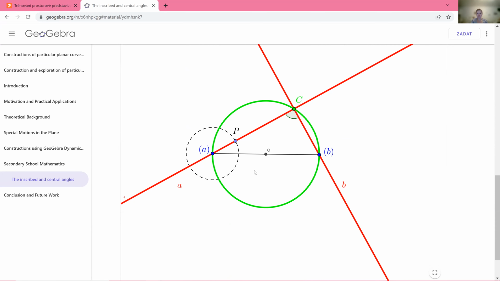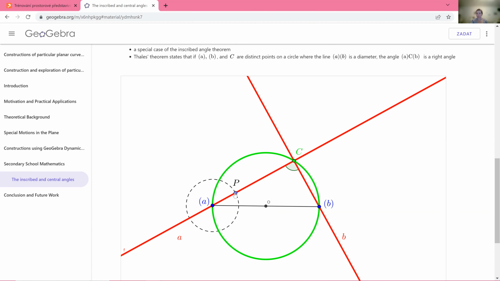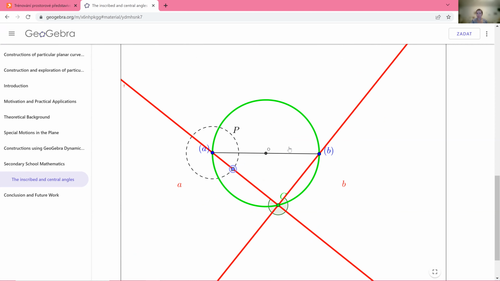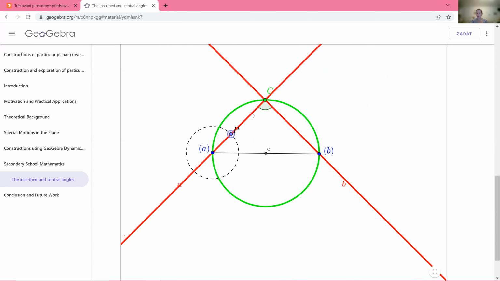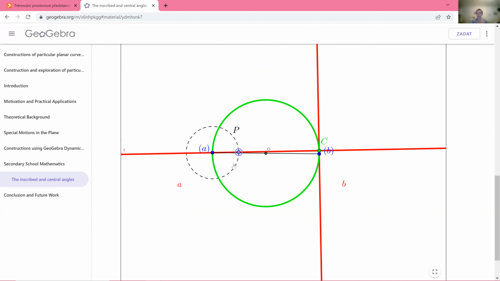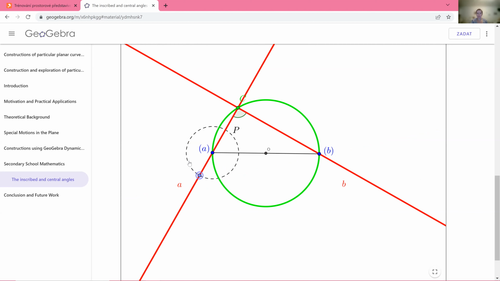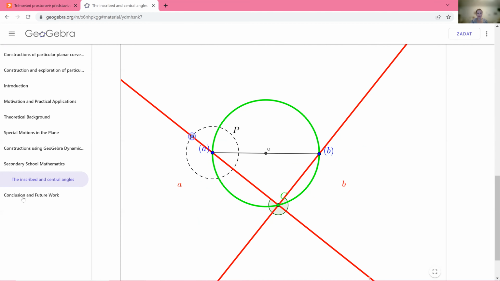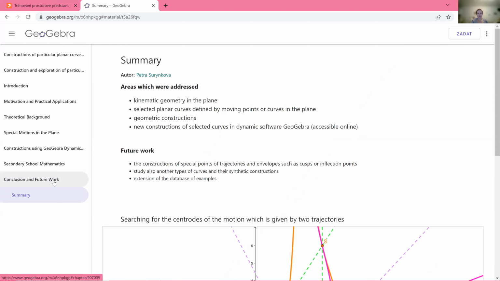As you can see here, this angle is a right angle. Perfect. Imagine that you have to draw this on the blackboard by hand, and it takes time, of course, but GeoGebra is like magic, I would say. So this is what I'm doing in planar geometry with my mostly university students.